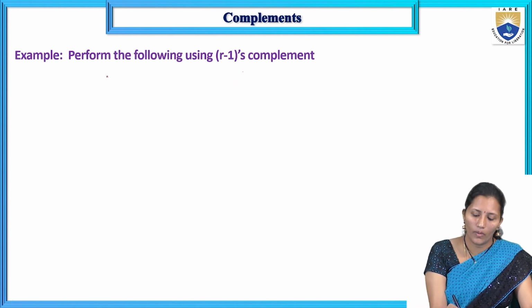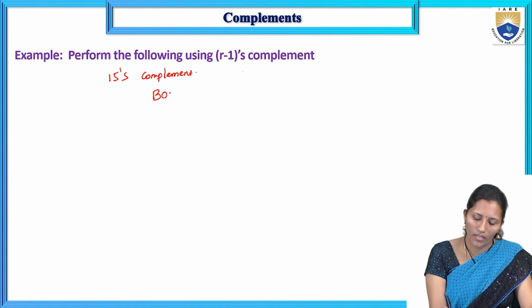Here I am going to perform the 15's complement subtraction, subtracting 98F from B02, both hexadecimal numbers.